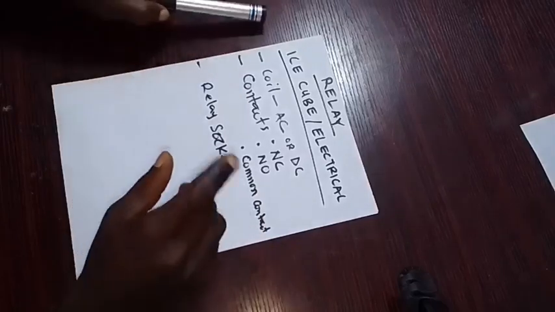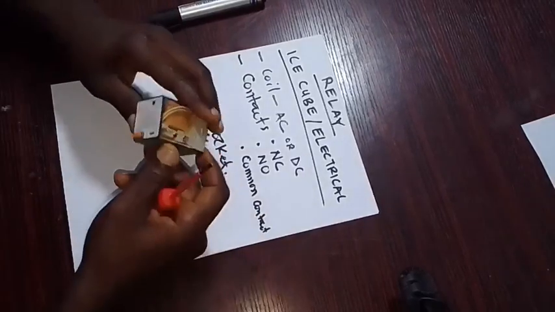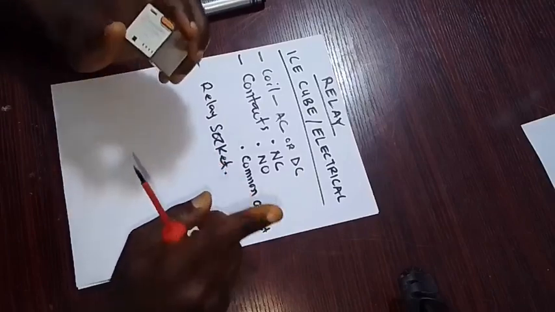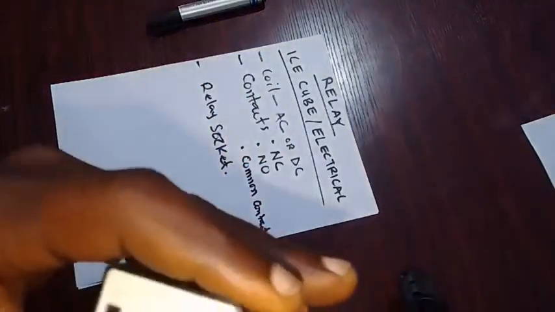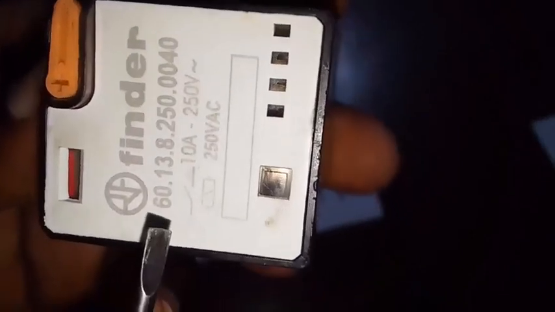Now, talking about the principle of operation. First of all, let's have a close view of this ice cube relay so that we'll really appreciate what we're discussing. This is an ice cube relay. If you check closely, we have a symbol here.